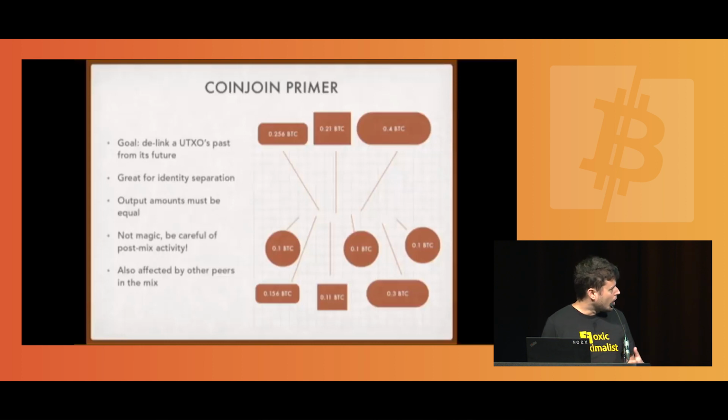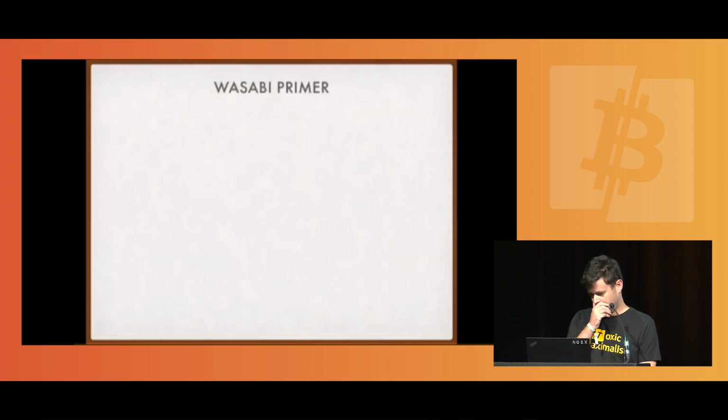An extreme case of this would be a Sybil attack, where everyone in a COINJOIN is actually one person, and they're targeting you specifically. You think that you anonymized your outputs, but because all of the other partners in your COINJOIN are the same person, they know who you are. So that's a known problem with COINJOINs.